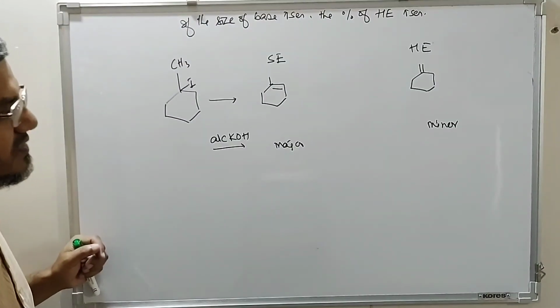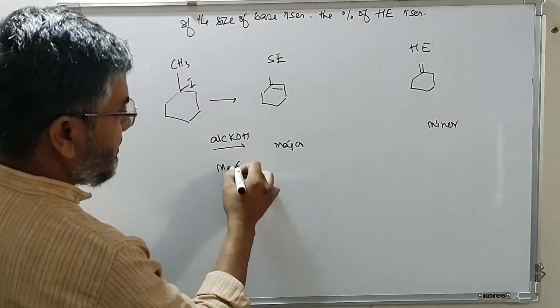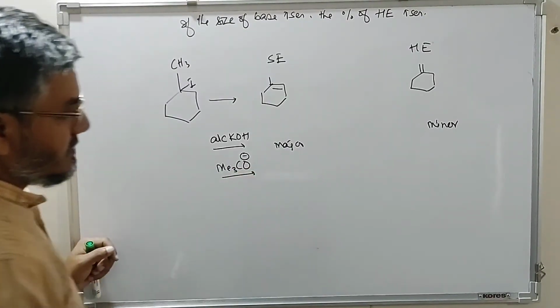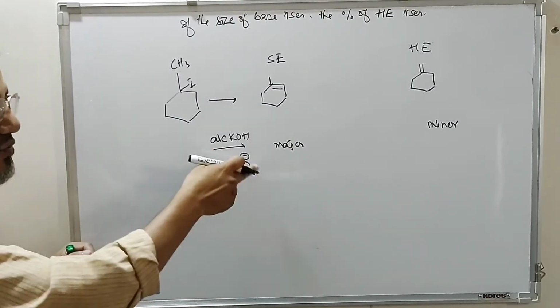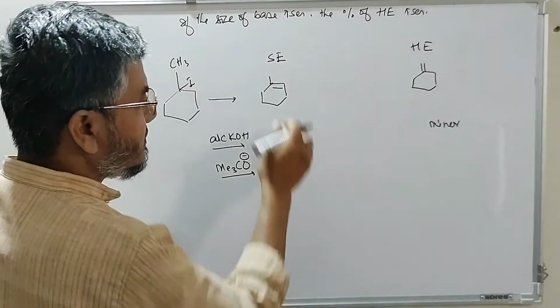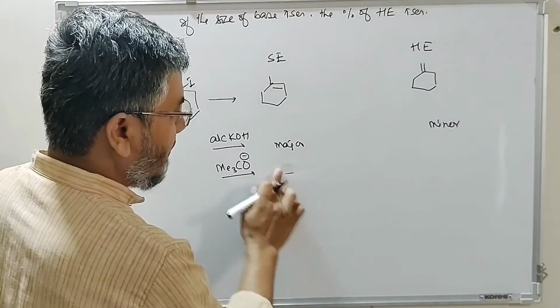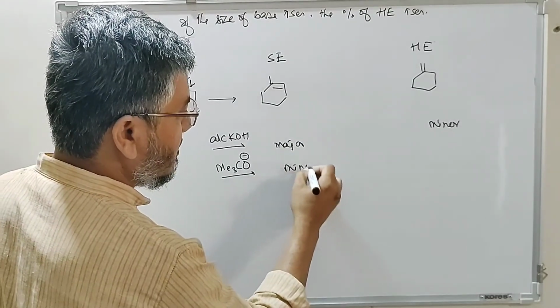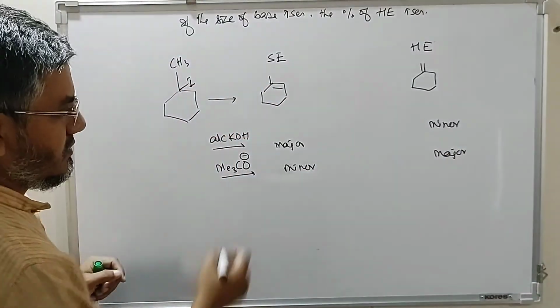Now instead of this, we are using this base, tertiary butoxide ion. Look at this, we have 3 methyl groups, so the size of base increases. As the size of base increases, the quantity of Saytzeff decreases. So this is forming as a minor product, this will be forming as a major product.